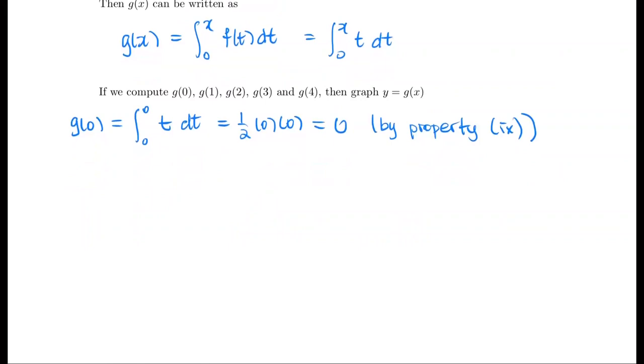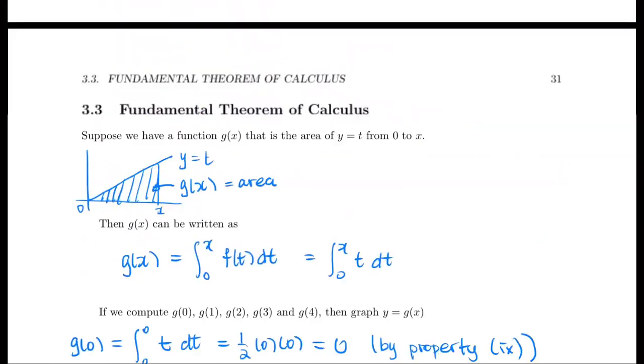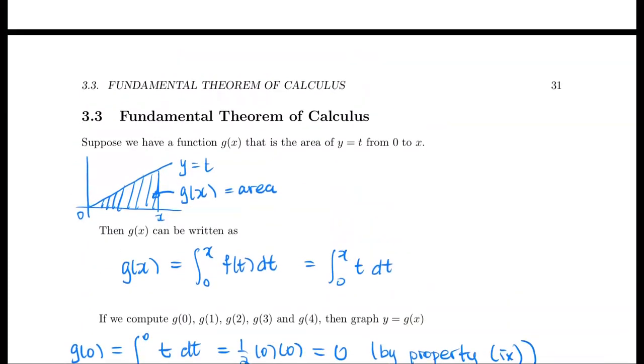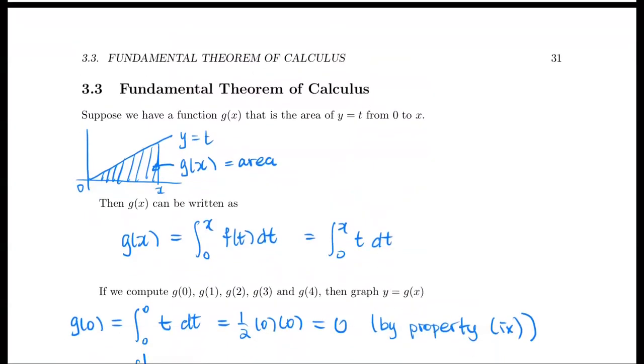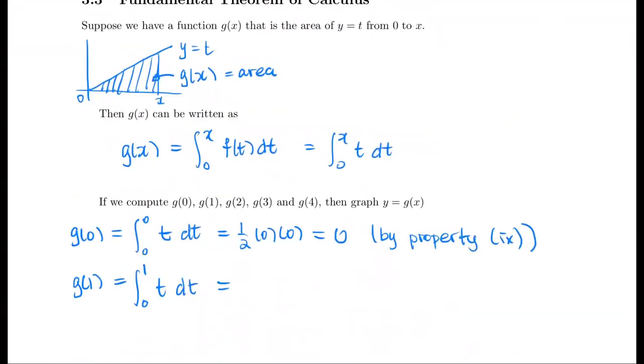Okay, so that's g of 0. Now g of 1: we calculate the integral from 0 to 1 of t dt. We do the same thing. This is simply just going to be the area of the triangle here. So we have the base, which is 1, and then the height would also be 1.